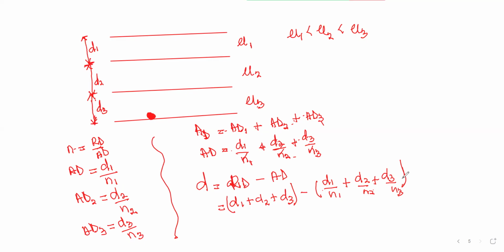A rectangular glass block of thickness 10 centimeter and refractive index 1.5 is placed over a small coin.